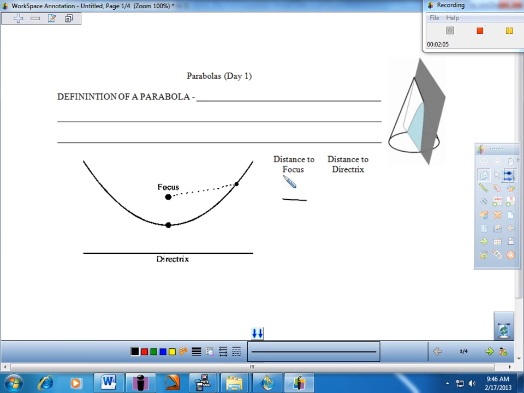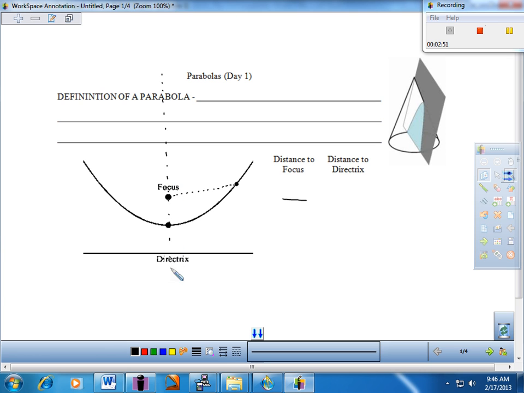All right, now everybody, here's the idea. This is going to get a touch tricky, and I don't need you to be totally precise, but try to do the best you can. So what I'm going to ask you to do now is find the distance from the point on the parabola to this line that is running right behind it. Does everyone see this? This is what's called the directrix. And the directrix is a line that is perpendicular to the axis of symmetry.